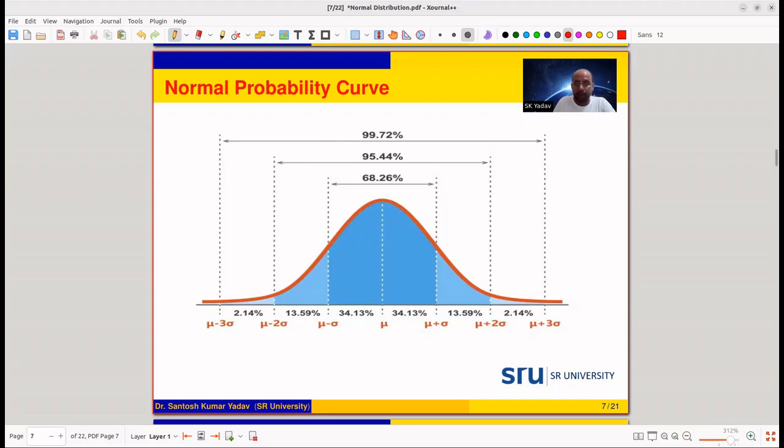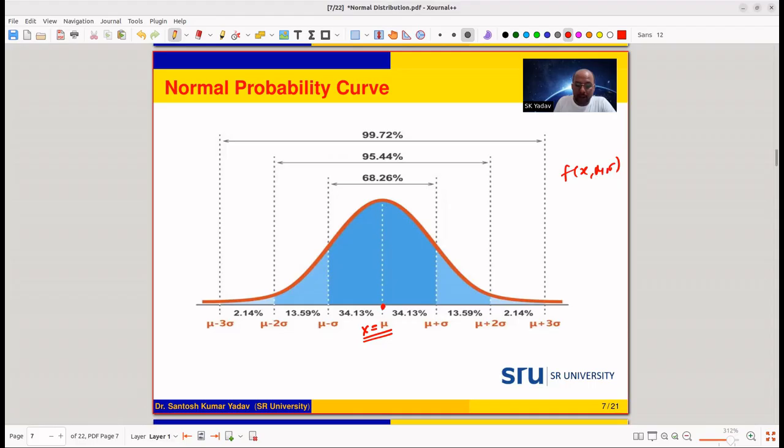This curve is the graph of the PDF of the normal distribution. The total range of x is divided into 3 types of intervals. On the x-axis we have the x values, and on the y-axis we have the probability, that is f of x, mu, sigma.